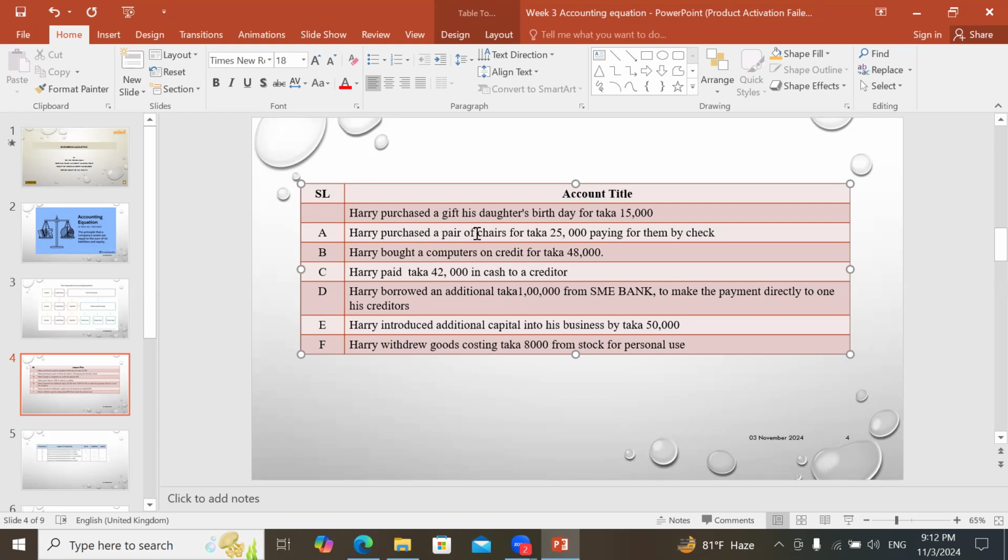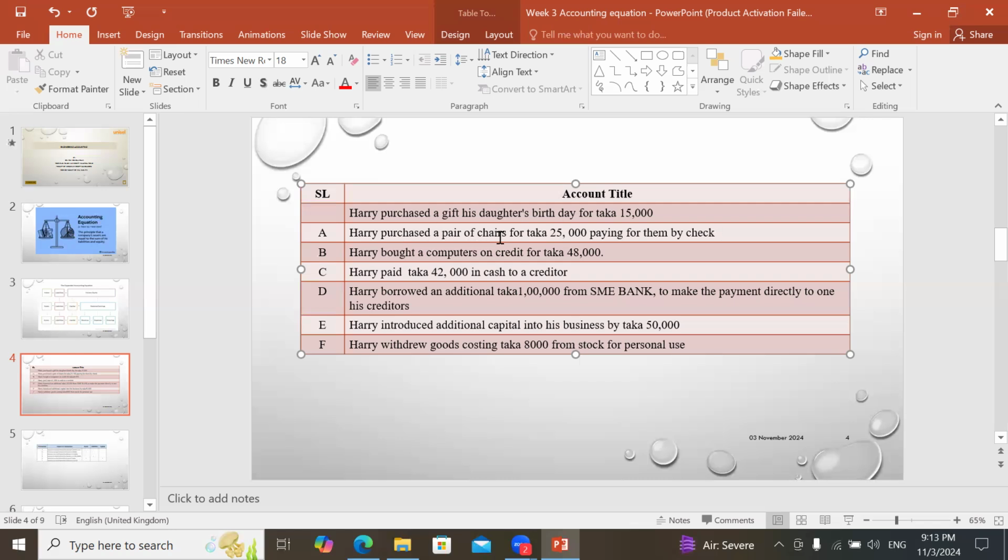Harry purchased a pair of chairs. Which type of item are chairs: asset, expense, or income? Asset, because chairs will benefit the future, more than one year. So it is an asset.